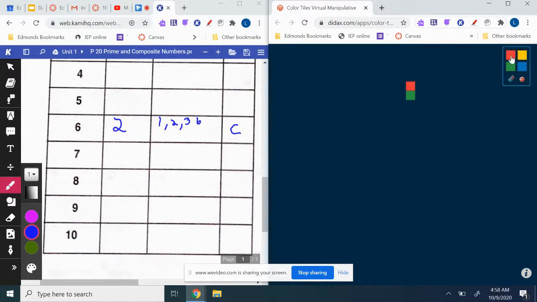And so I have 2, 3, 4, 5, 6, 7, and 8 tiles. So I know I can make a 1 by 8 tile. So 1, move these over.